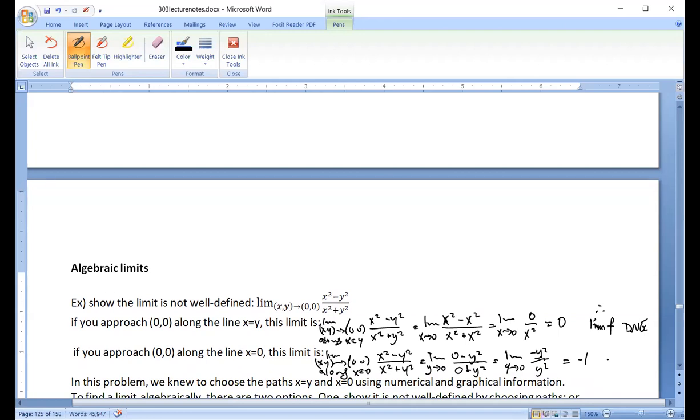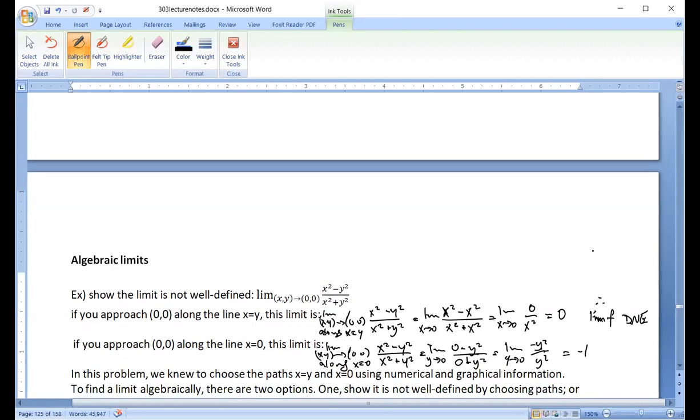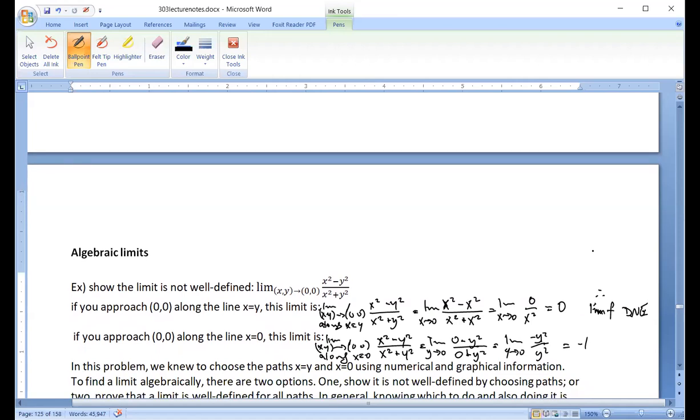In this problem, we knew that we could take these two paths and we would get different values based on what we already saw with the numerical information or with the graphical information. So to find a limit algebraically, there are two options. One option is to show that the limit is not well defined by taking two different paths and showing that the limit along each path gives a different value, so the limit does not exist.